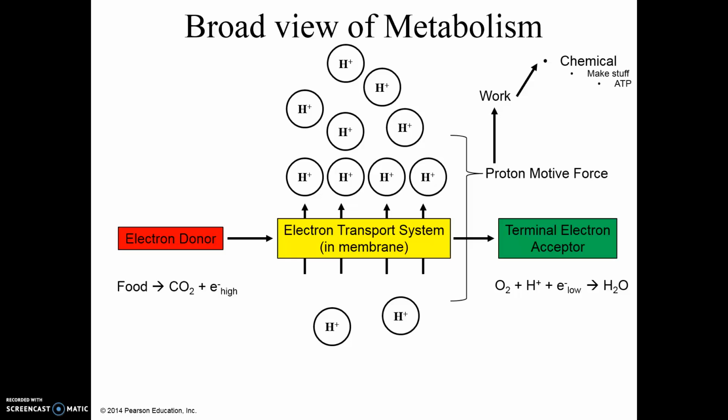Okay. Now, understand that this isn't the only thing that these protons can do. And this explains why we say it's approximately 32 ATP that is produced per individual glucose molecule. Okay? The reason why we can't give you an exact number is this proton motive force drives other things. Okay?